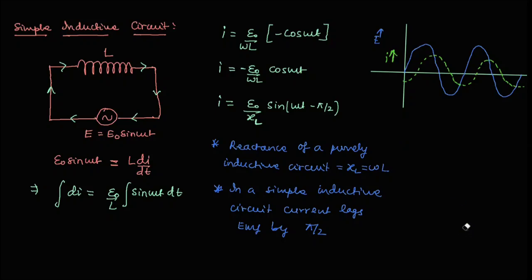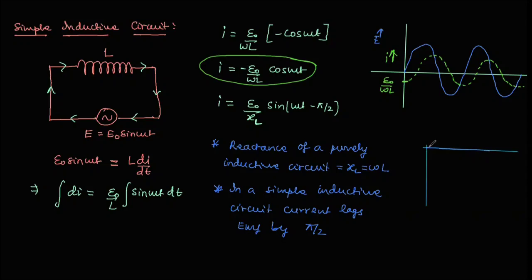At t equal to 0, from this expression I can say that I is equal to minus E naught by omega L. So the graph is beginning at t equal to 0 from minus E naught by omega L over here. And if we do the phasor analysis for this circuit, the current is lagging behind by pi by 2.